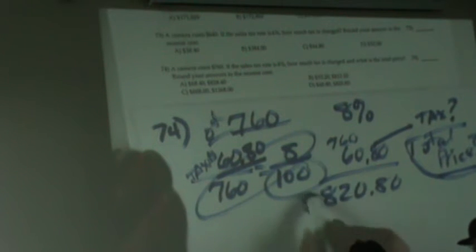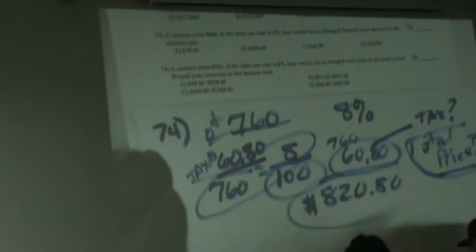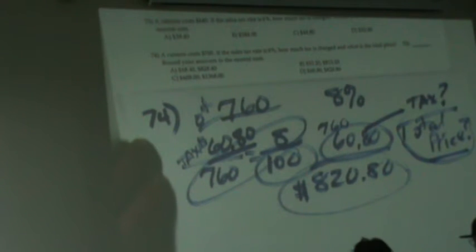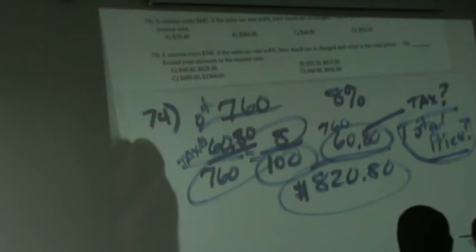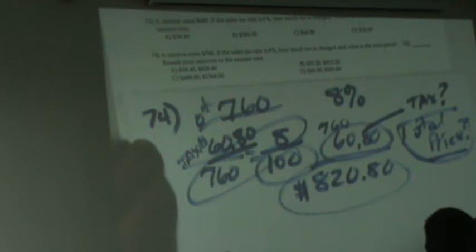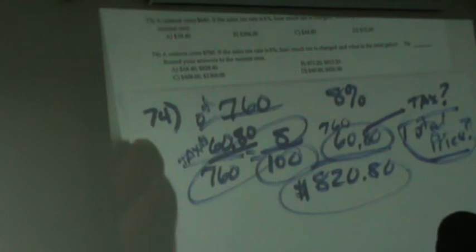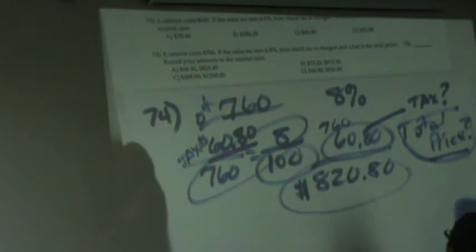You have to add it to the price, right? $820.80. Yes, $820.80 is our total price. So we've got 2 answers, the tax and the total price. Making sense? Yes, okay.